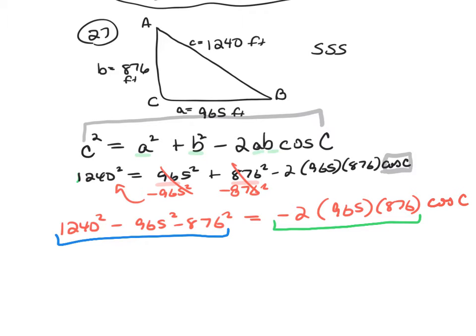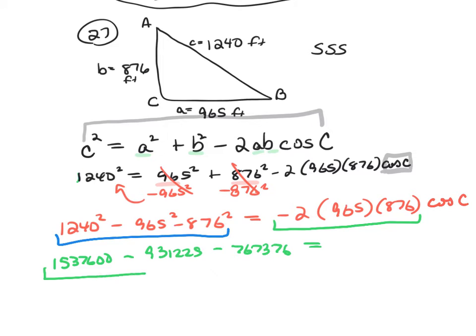Okay, so we're going to square that. Once I square this, I'm just going to write down what I'm getting. 1,537,600. 965 squared is going to give me 931,225. 876 squared is going to give me 767,376.